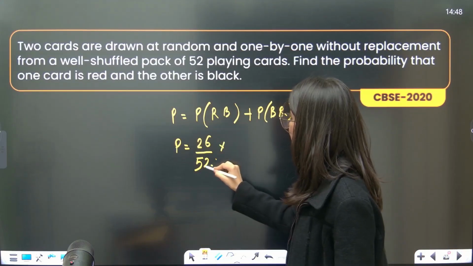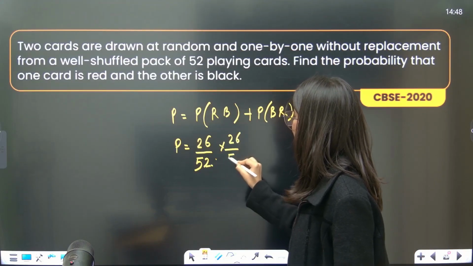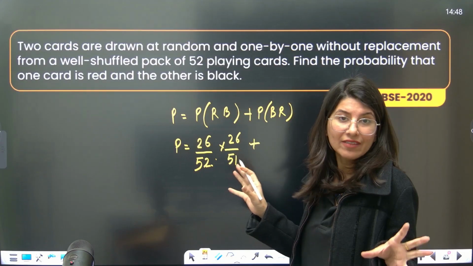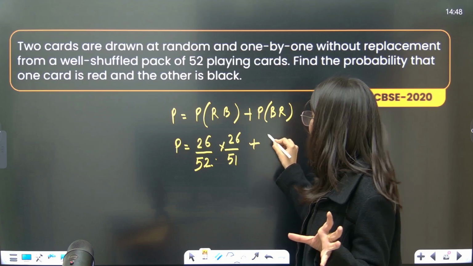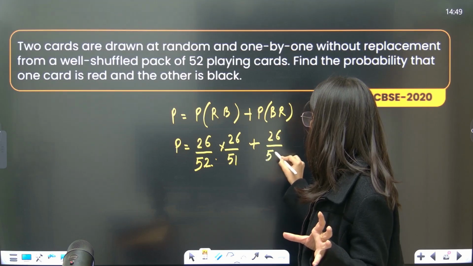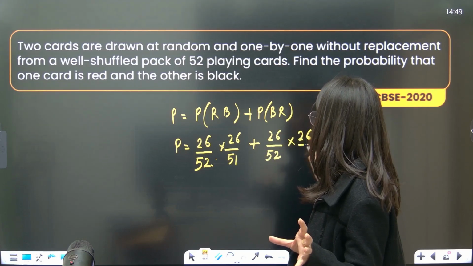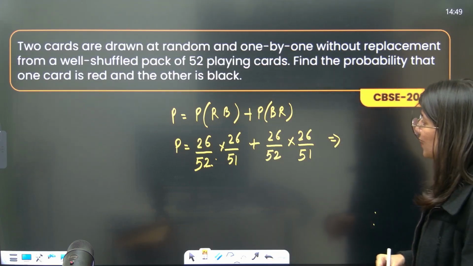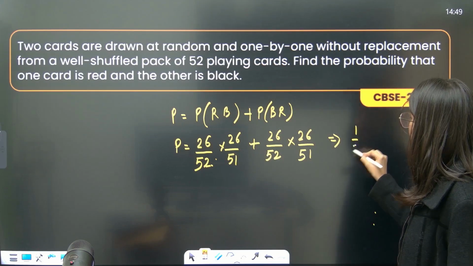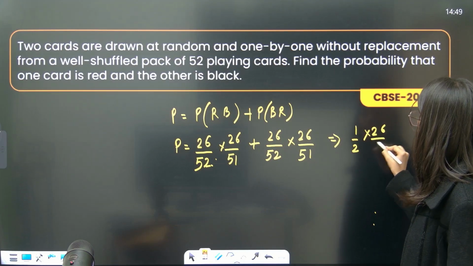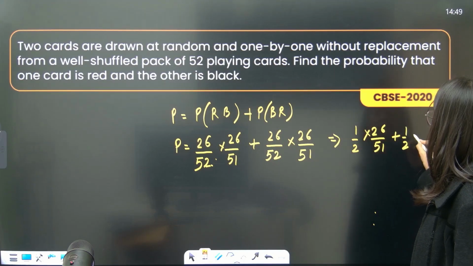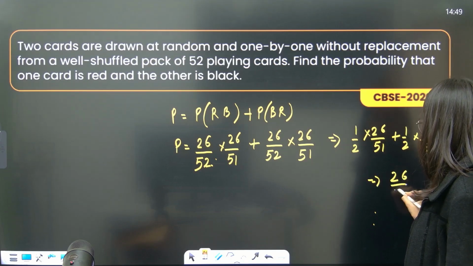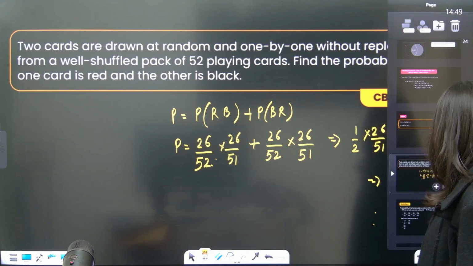So this is 26 upon 51, plus the same if you pick a black card first: again 52 cards, 26 black and 26 red, but now the total will be 51. If you solve it, you get 1 by 2 into 26 by 51 plus again 1 by 2 into 26 by 51. So 26 by 51 will be the final probability.